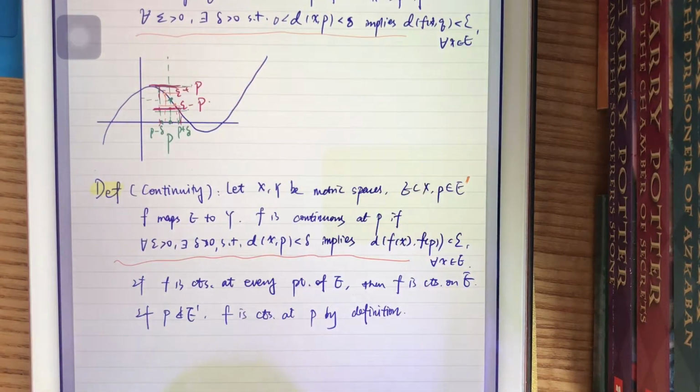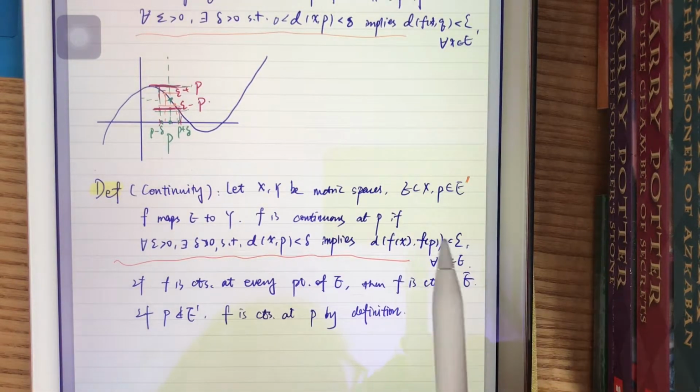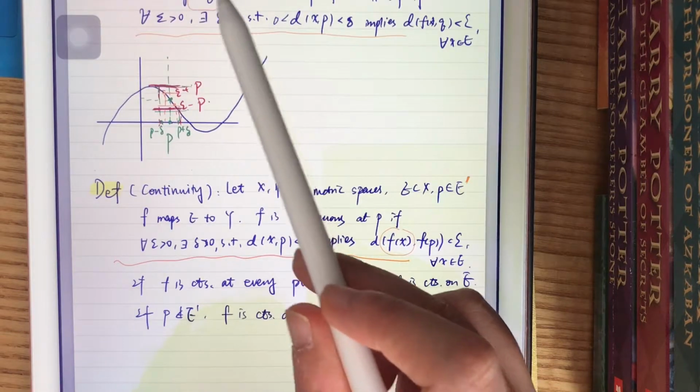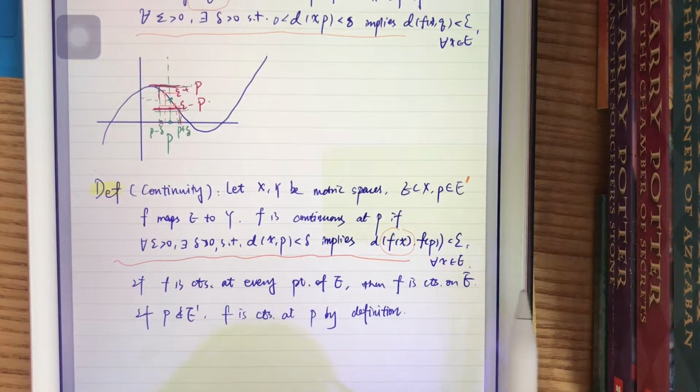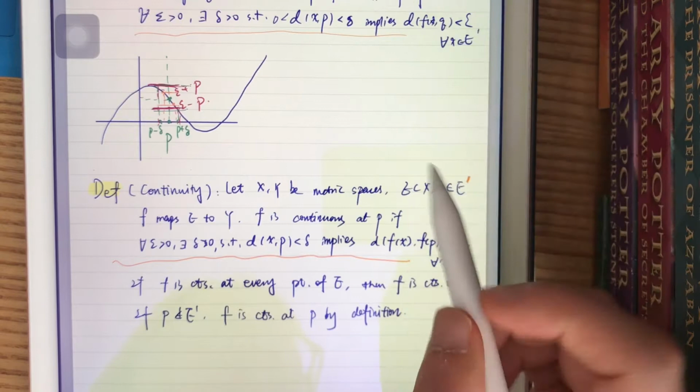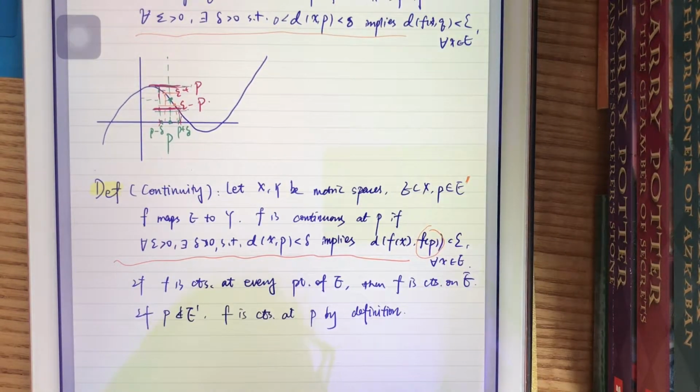A little bit different is that for the limit, q is a limit of a function, but if it's continuous, then the limit must be the value of the function at that point, f(p).